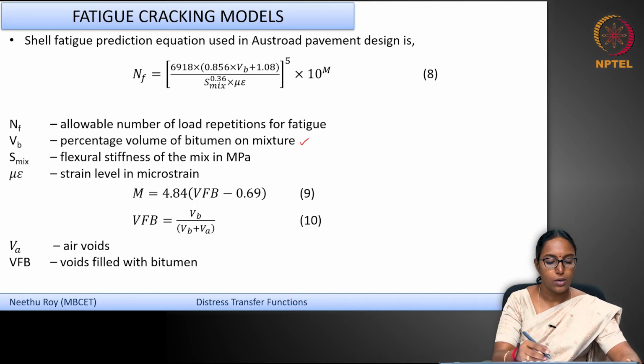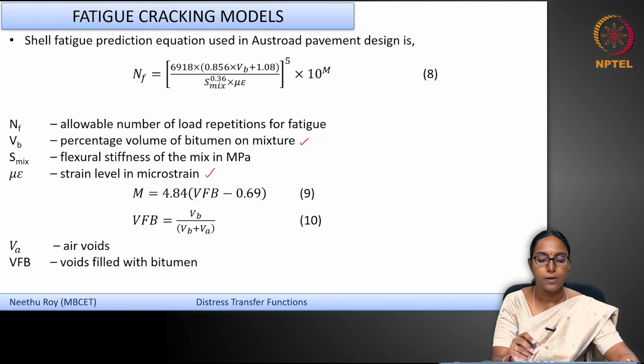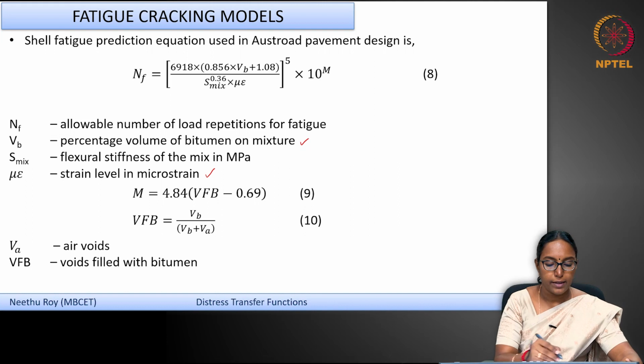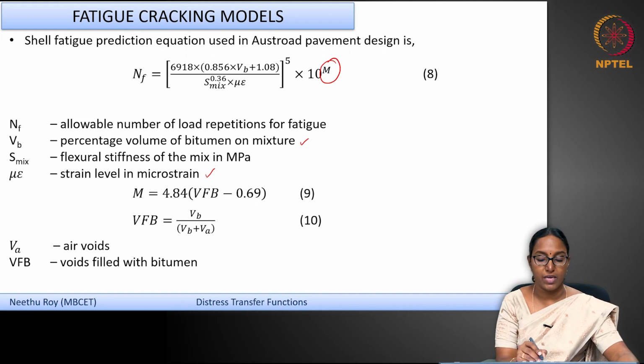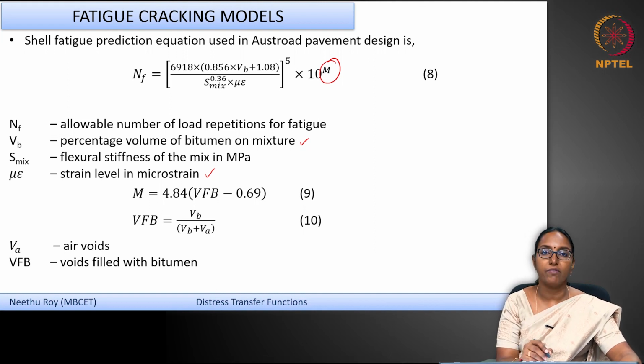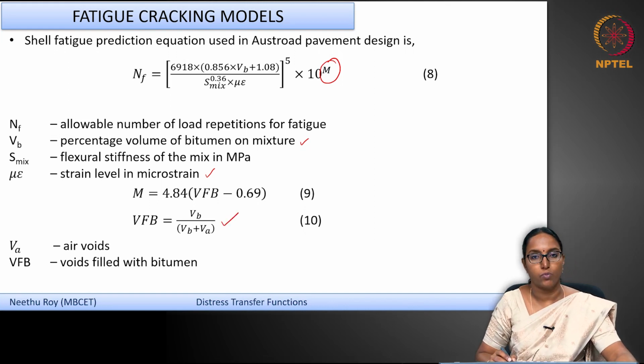Okay. Now mu epsilon is the strain level that is chosen for the estimation of the properties of the material, and the term m here is defined as 4.84 into VFB minus 0.69, where VFB is the voids filled with bitumen, which is again given by VB by VB plus VA, where VA is the air voids and so on.